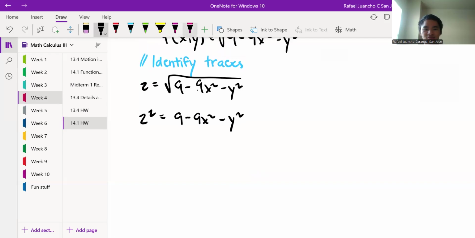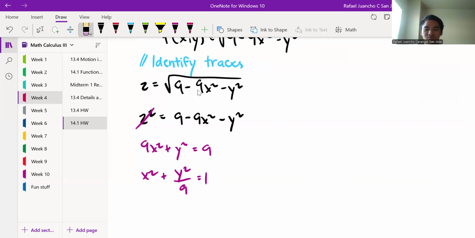Now if I take out my z, I have 9x squared plus y squared equals 9. And I can just divide everything. So x squared plus y squared over 9 equals 1.